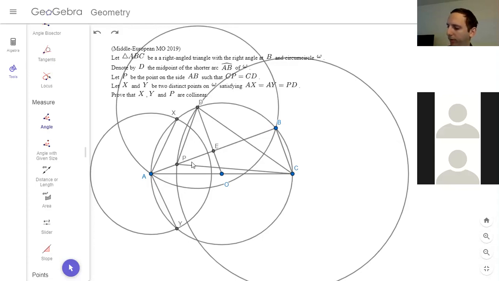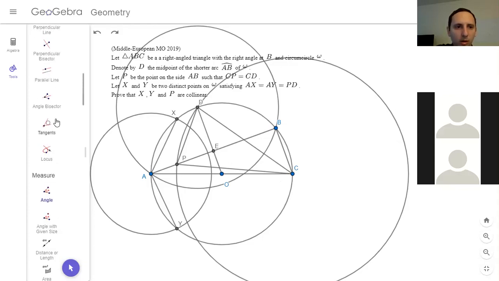Yeah, it feels like we have to be close here. We want PD squared minus PA squared. We could also try to use that angle ADC. It's 90. I don't know if that helps. I wonder.